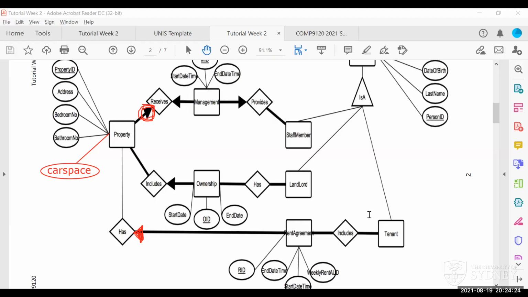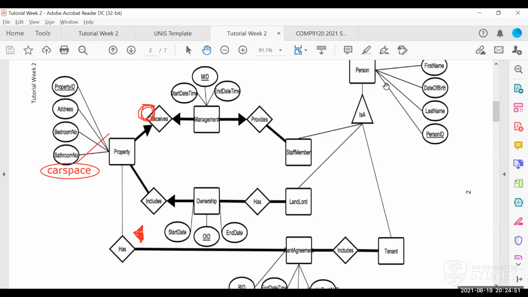There's actually one more mistake we need to find in this model. And the last one might be a bit tricky to find because it's probably not as obvious as the other three. So the last one might be a bit hard to spot.